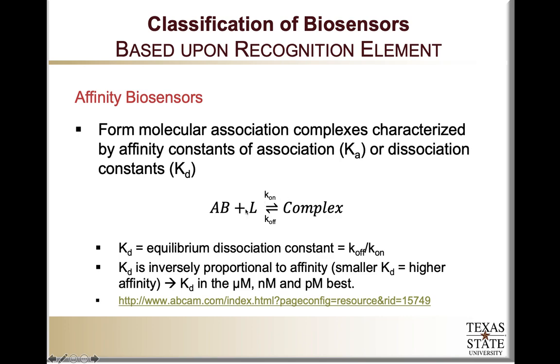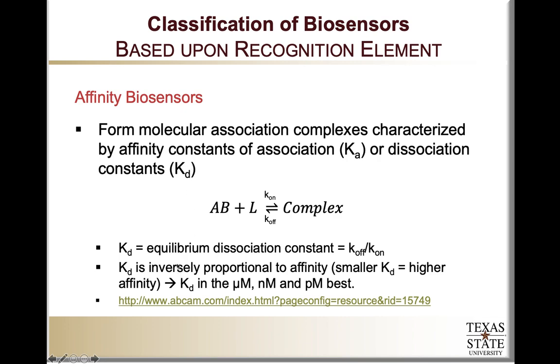Now, these processes are typically characterized by their affinity constant of association, Ka, or the affinity constant of dissociation, Kd. And I would say that Kd is typically the one that is most widely utilized.